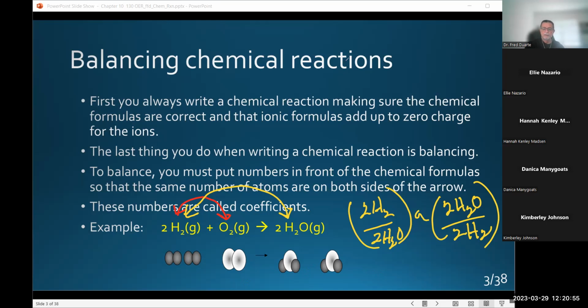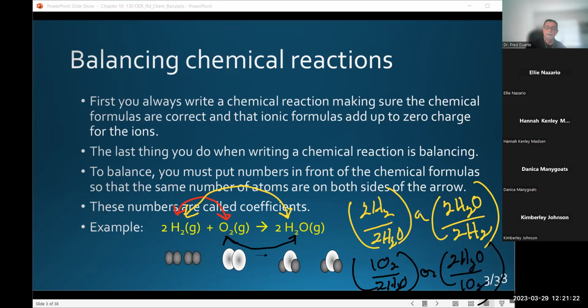Okay, you have a third set, and that is between oxygen and water, where we have 1 oxygen over 2 waters, which we can write as follows, or 2 waters over 1 oxygen.